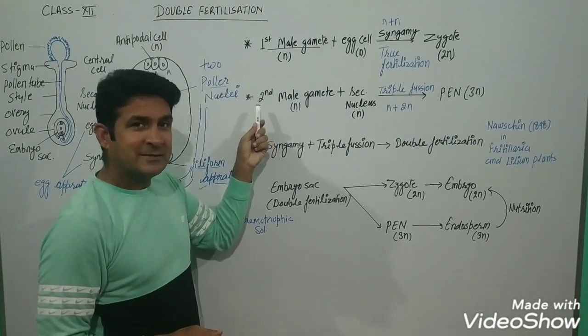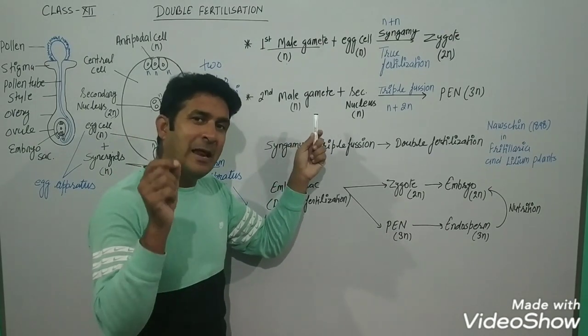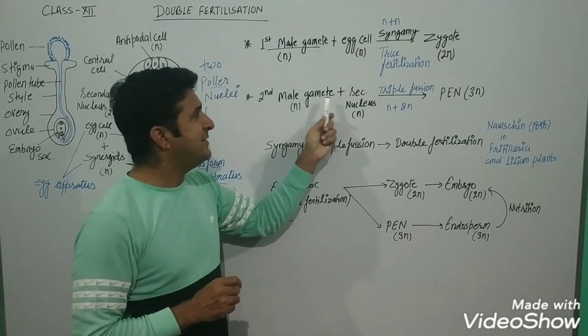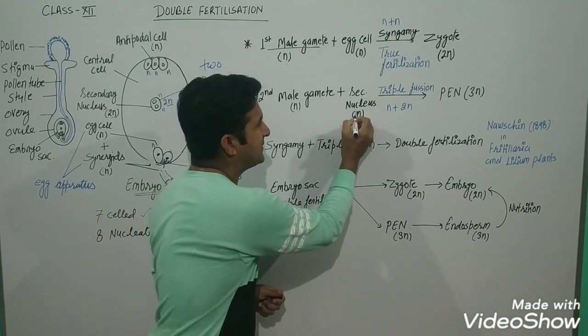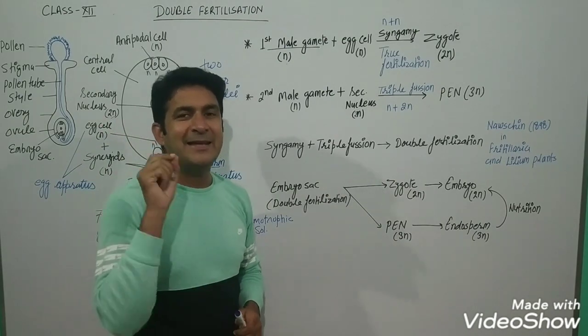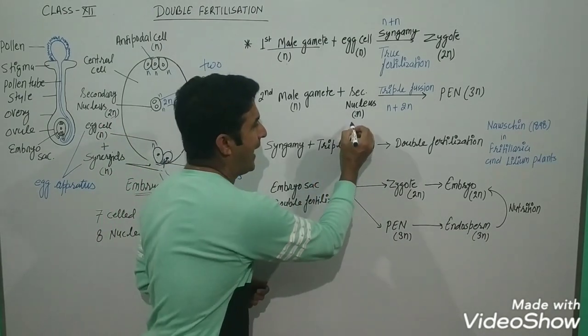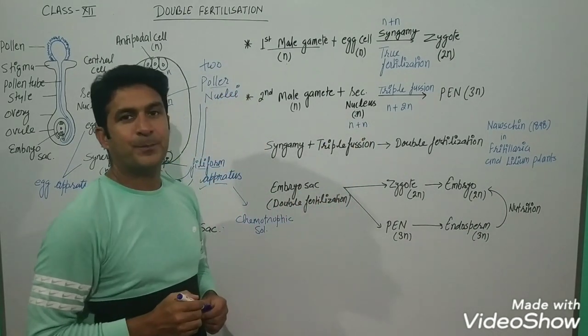In the second process, when the second male gamete gets entry in the embryo sac, it meets with the secondary nucleus. The secondary nucleus has two polar nuclei and each polar nucleus is n, so n plus n, 2n is there.